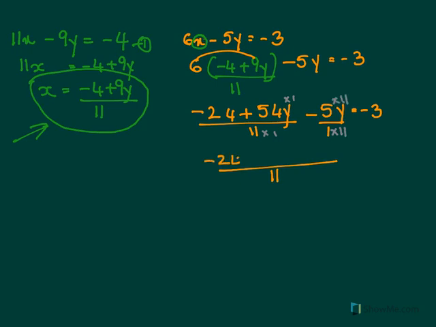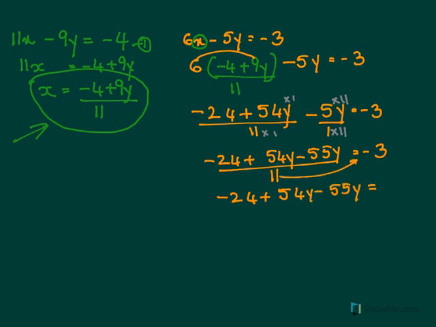So I have minus 24 plus 54y, 5 into 11, 55y, equal to minus 3. Now we solve further. 54y minus 55y. Now the 11 will go up here, minus 3 into 11.